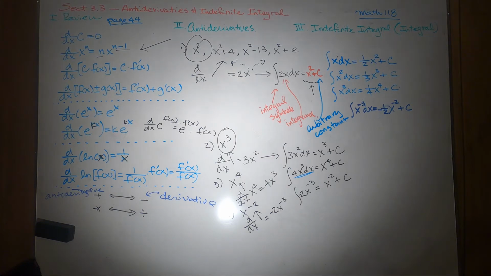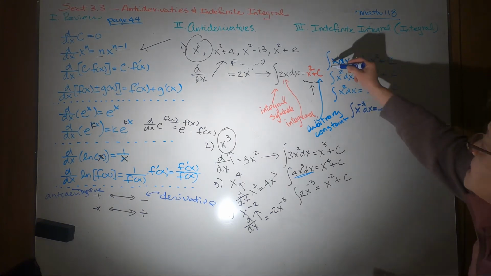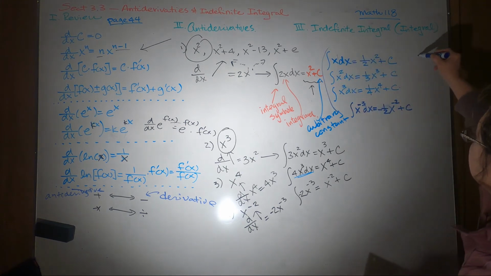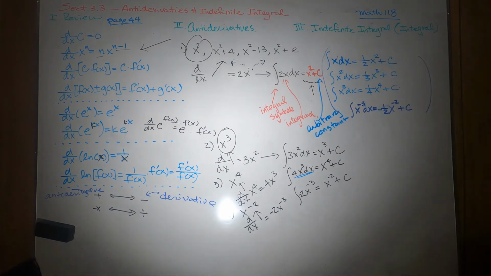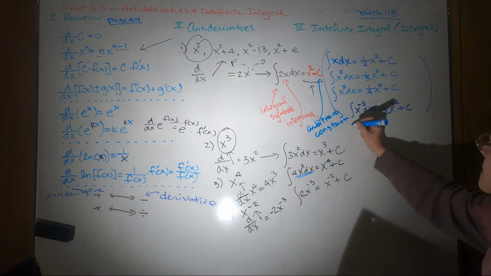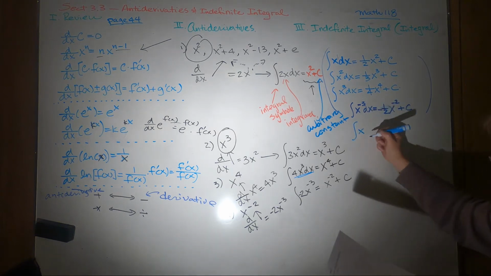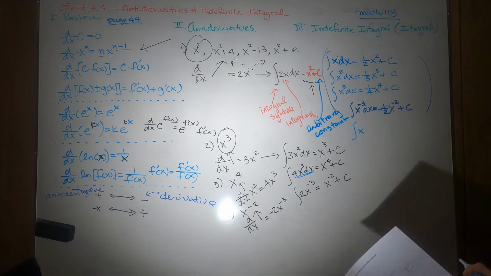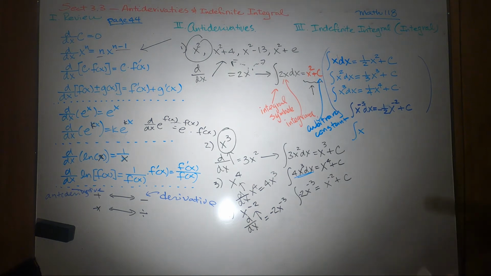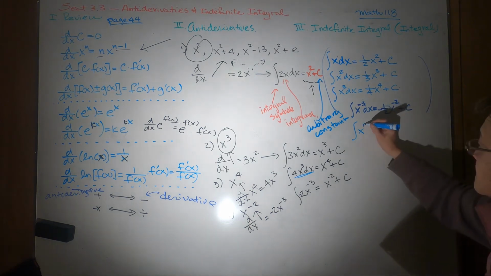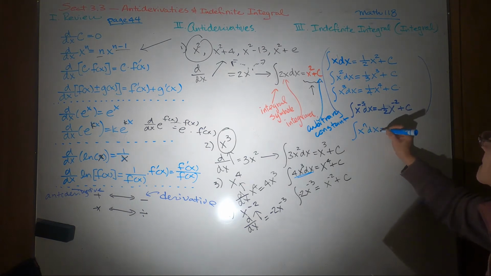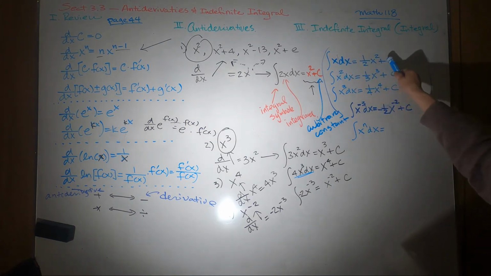Okay, so the conclusion is this way. What we have is, we are saying if I have x to some power, see, if it's 1, then it turned out it's 2. Then you divide by 2.